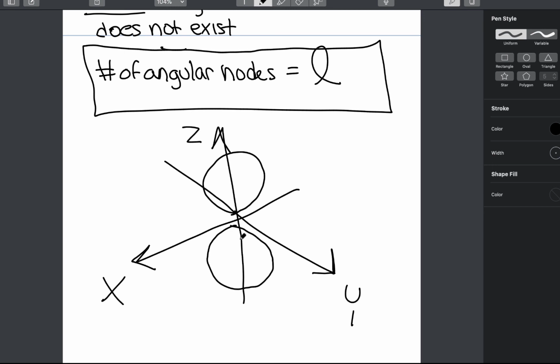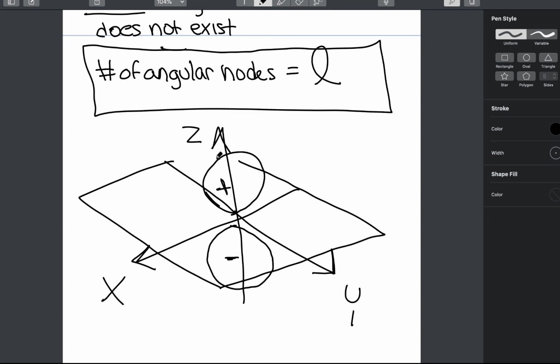So why am I drawing the 4p orbital like this? Well, I'm drawing it like this because I'm not saying I don't have any radial probability in here. In other words, it's basically like two pure spheres. So as you can see here, there is a region in which no electrons exist. And it's on this plane here made by the x and y axis.